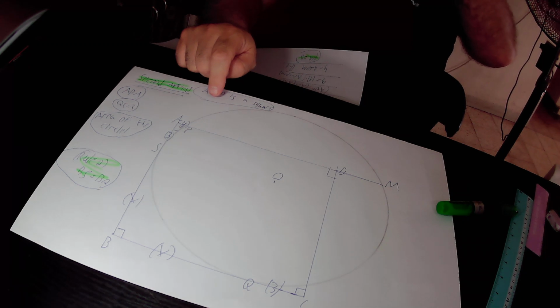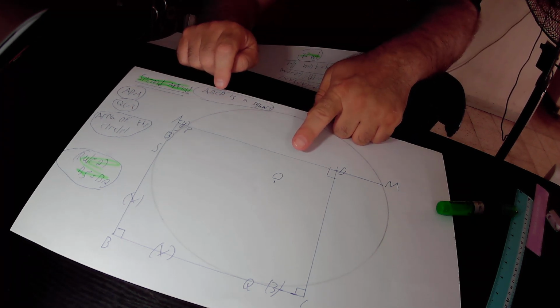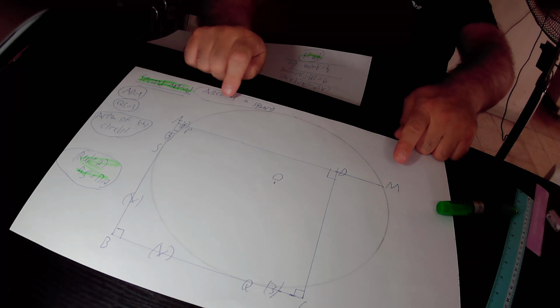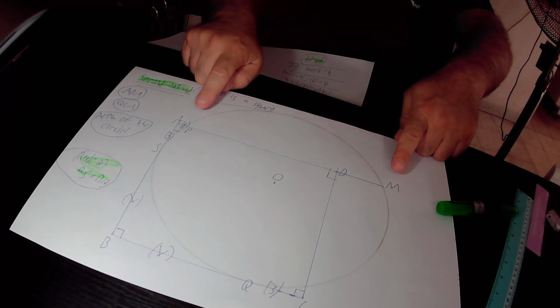In the next step, we'll do a construction. That is to say, from point O, that is the center of the circle, we'll draw a perpendicular on chord PM. Again, from point O, we'll draw a perpendicular on chord PM.